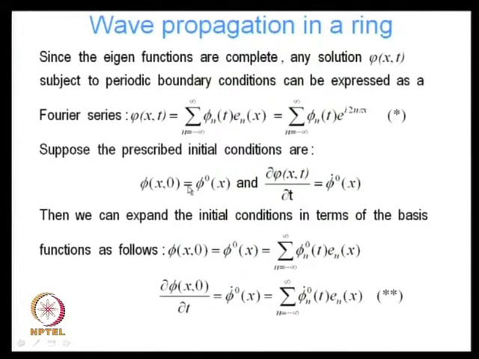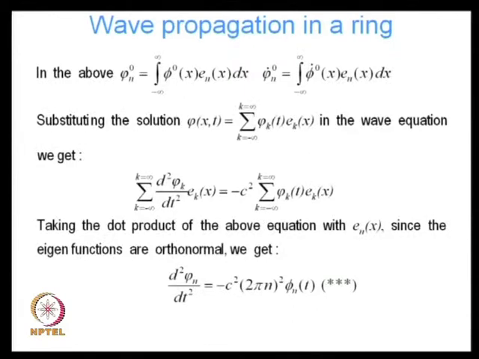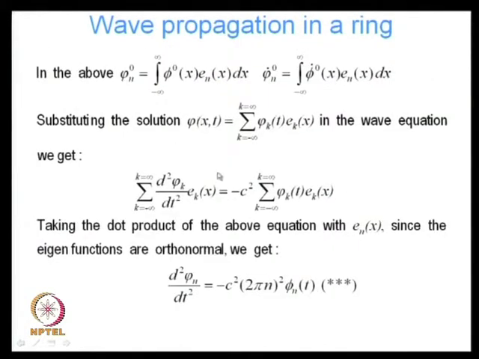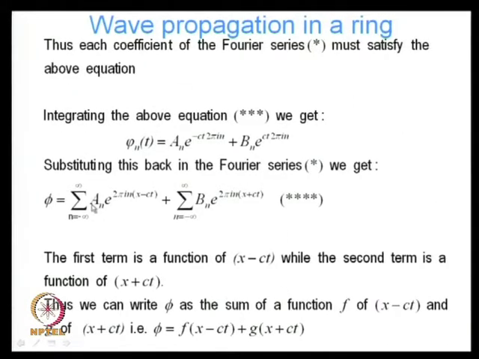If we substitute this expansion in the differential equation, and take into account that the eigenfunctions are orthonormal, I can get a differential equation in φ_n, which we then solved, and finally got an expression like this. This is where we stopped last time.